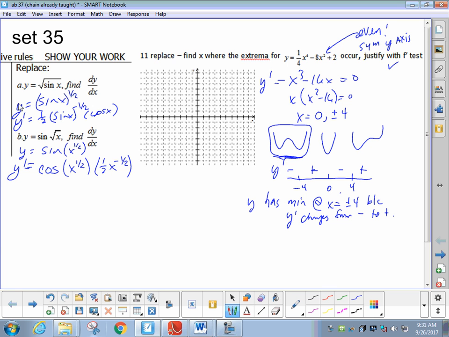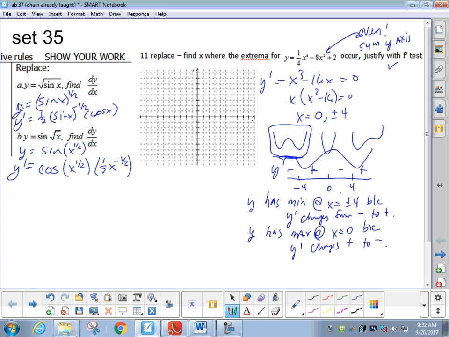There. Because it decreased, increased, decreased, increased. So what about at 0? y has a max at x equals 0, because y prime changes from positive to negative. All right, I did the first derivative test, which I was kind of blowing through.